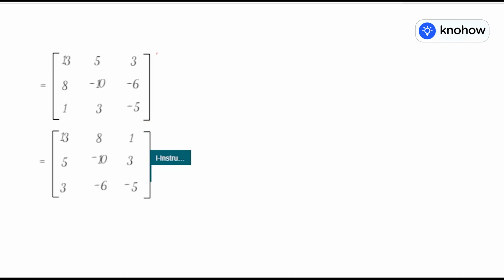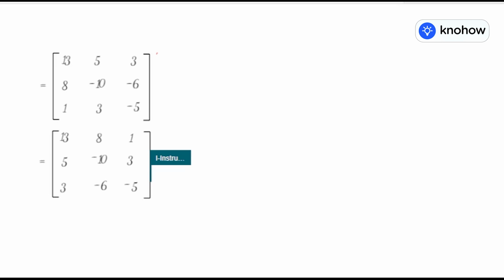Now what is A inverse? A inverse is 1 by determinant A into adjoint A. Determinant A, how much did we calculate? 34. So it is 1 by 34 times adjoint A. You have worked out 13, 8, 1, 5, minus 10, 3, and 3, minus 6, minus 5. And now replace this value of A inverse so obtained in 1.